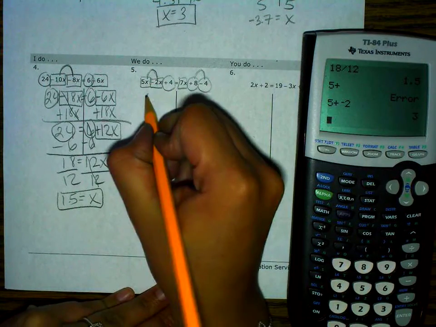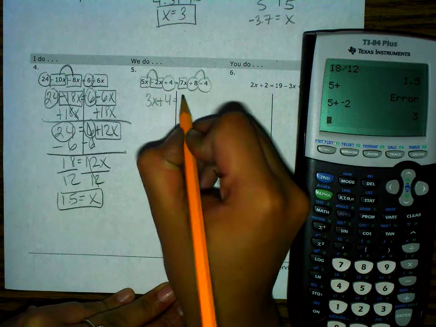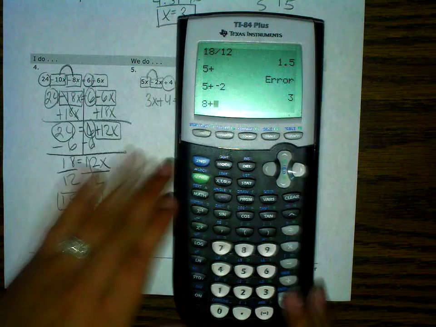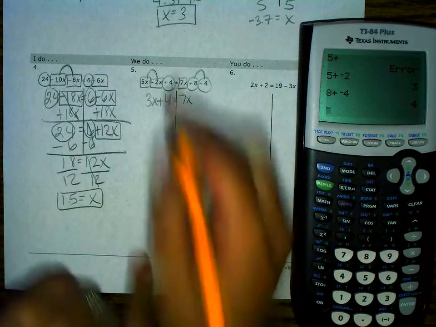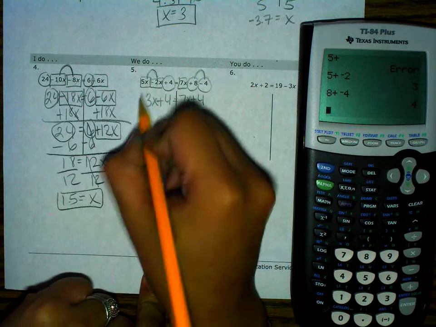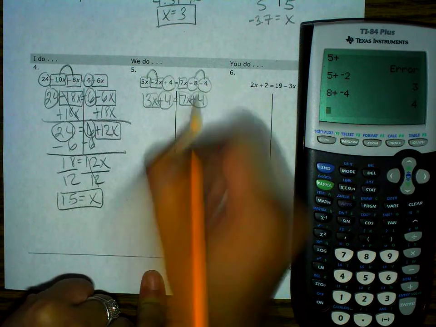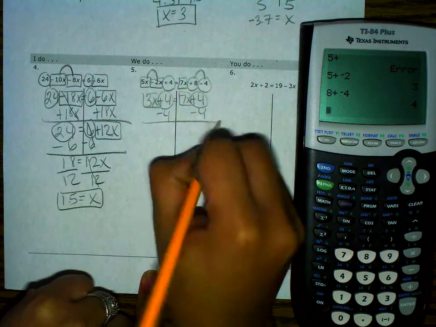So 3x plus 4. On this side I have 7x, and I'm going to take 8 plus -4. So positive 4.